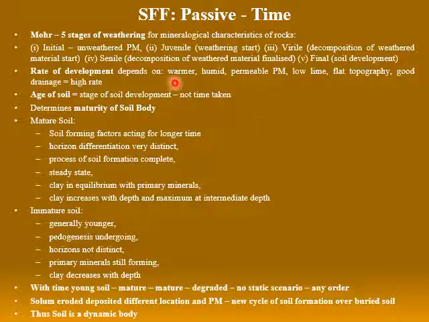This rate of development over time depends on the other soil forming factors: the climate, the organic matter, the topography, the drainage, all these factors. And the age of soil is the stage of soil development, not the time taken.